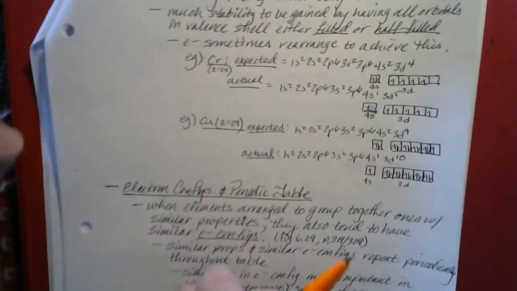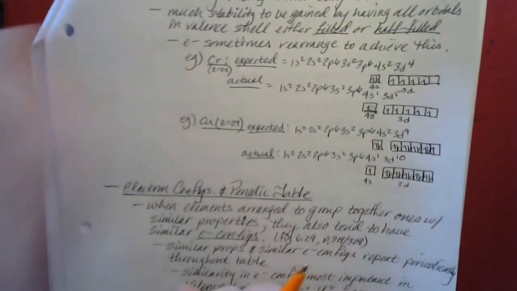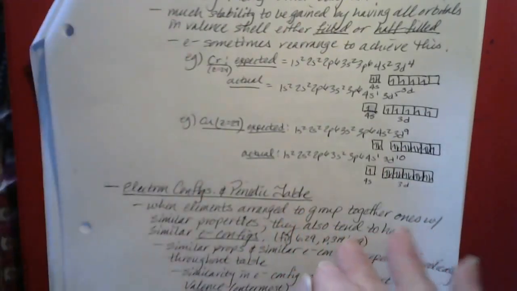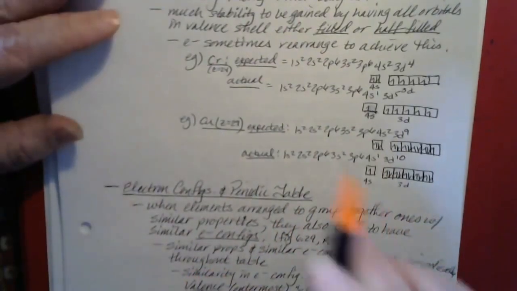And so just by moving one electron so that the d orbitals are half filled or completely filled will result in a significant stabilization, or significant decrease in energy.